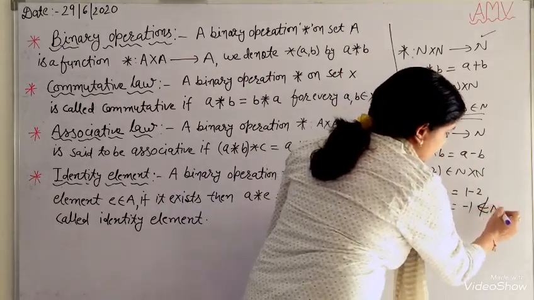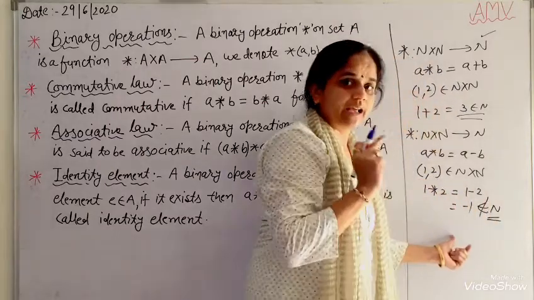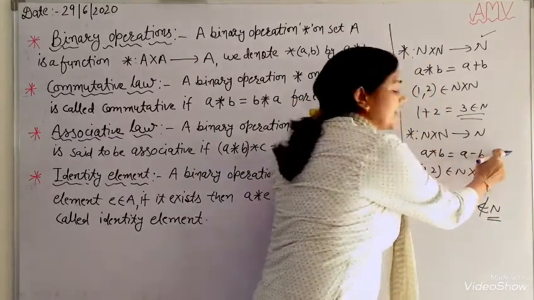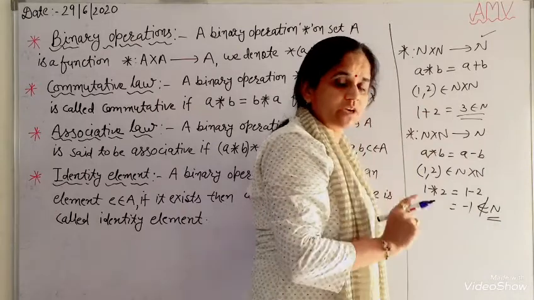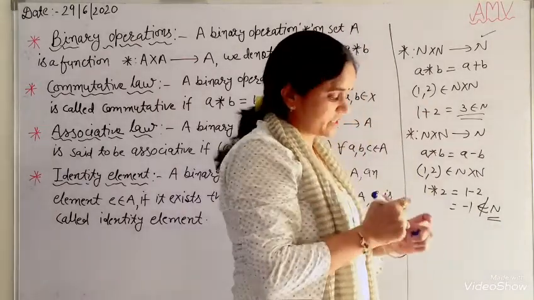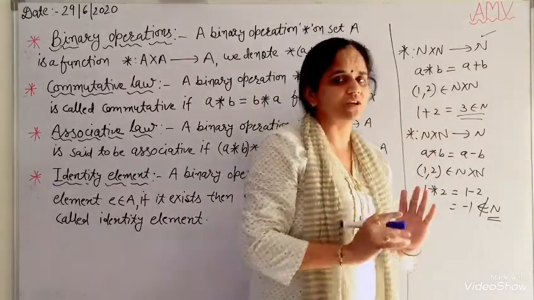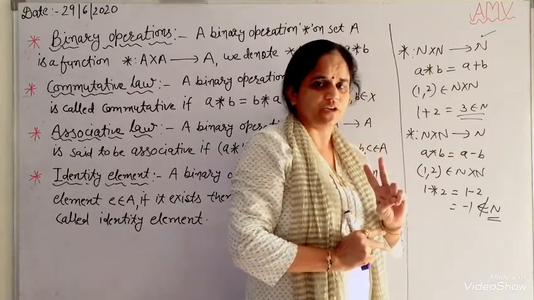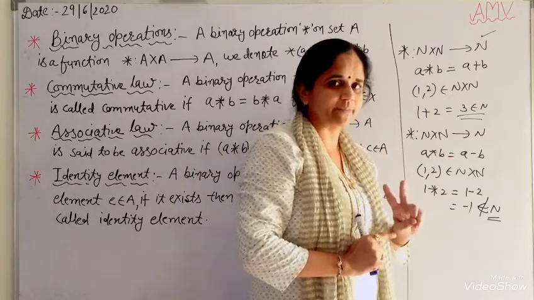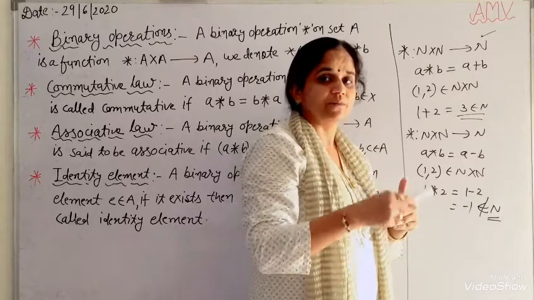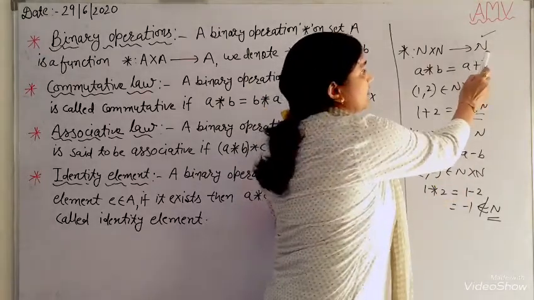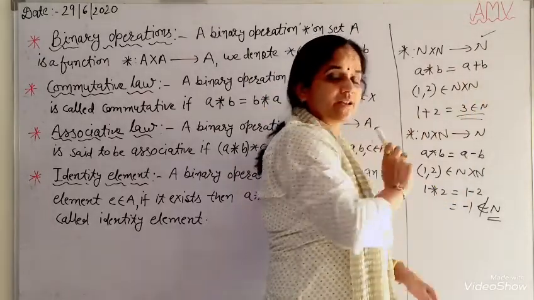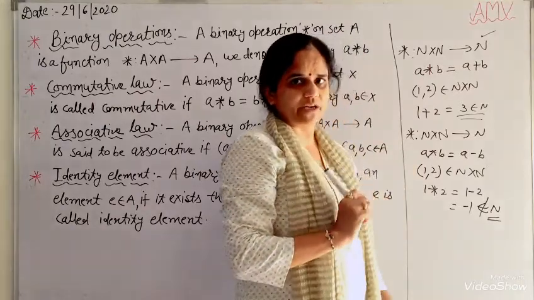Minus 1 does not belong to N. Hence, it is not a binary operation. So, for a binary operation, students, it is first of all an operation on two elements, and the result must be in the codomain. Then only it is a binary operation.